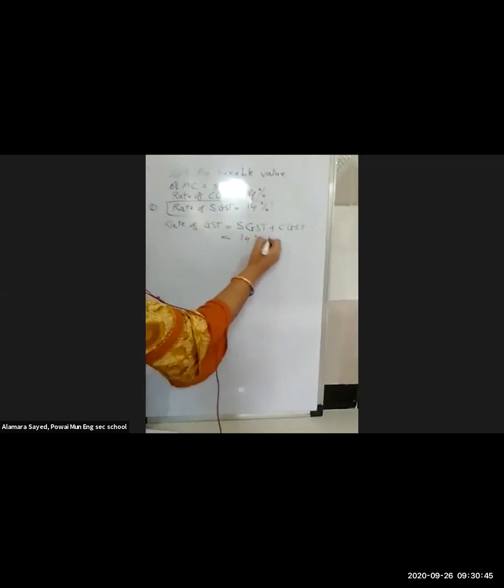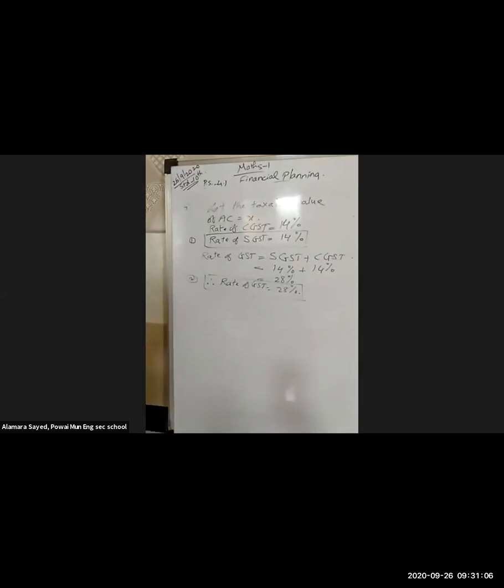SGST plus CGST, that is 14% plus 14% is equal to 28%. Therefore, rate of GST is equal to 28%. This is the second thing that we have to find.